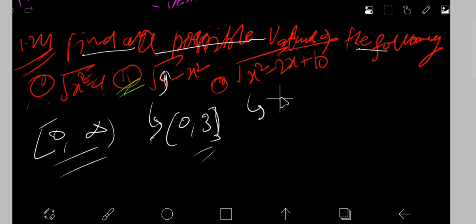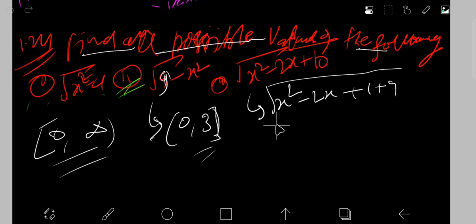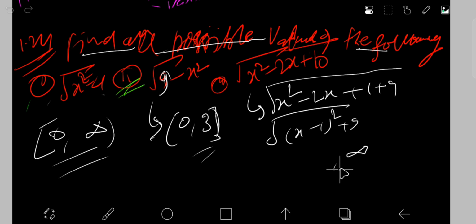Firstly this one we write as x squared minus 2x, which we can write as 1 plus 9 when completing the square. So x minus 1 square plus 9. When x goes to infinity, this is plus and this is plus, so the highest value is infinity.